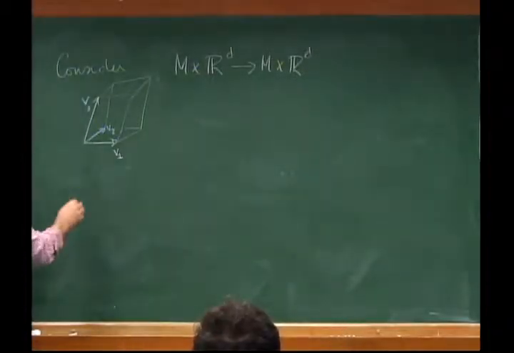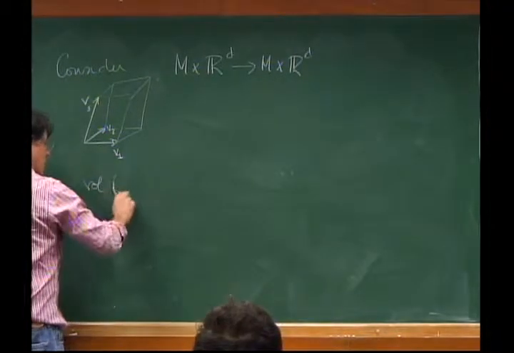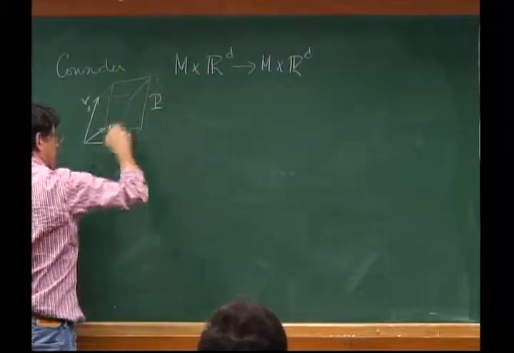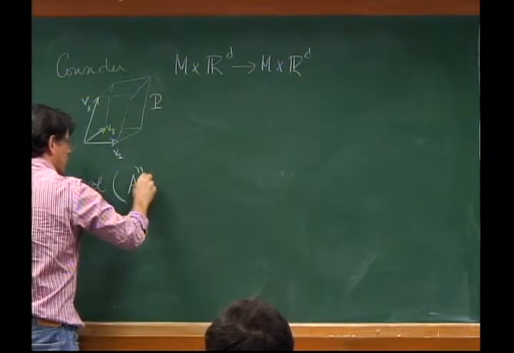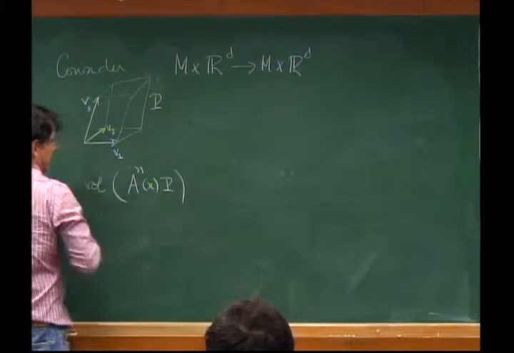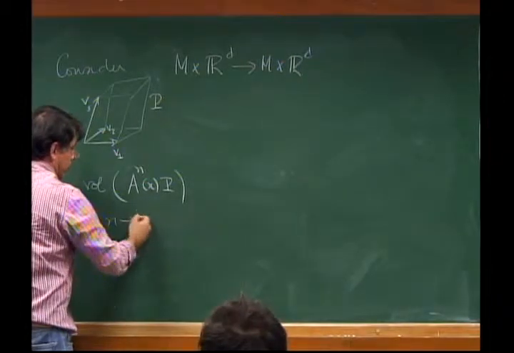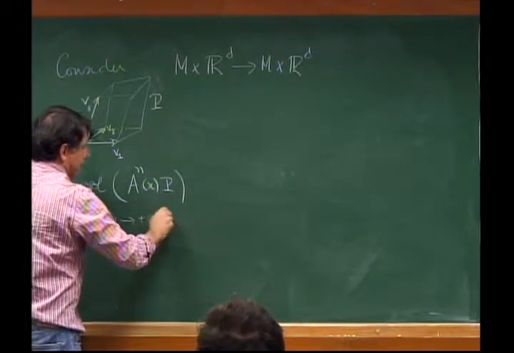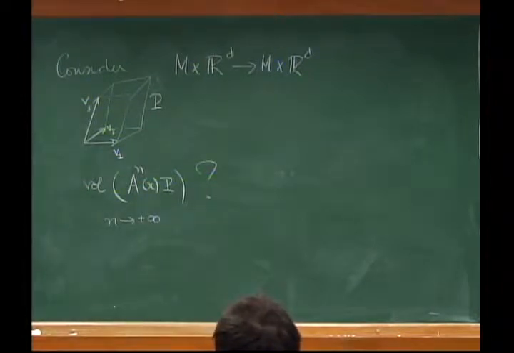I want to know what happens to the volume. This parallelogram I'm going to call P. What do we know about the volume of A^n X P when n goes to plus infinity? What can we say about the volume?